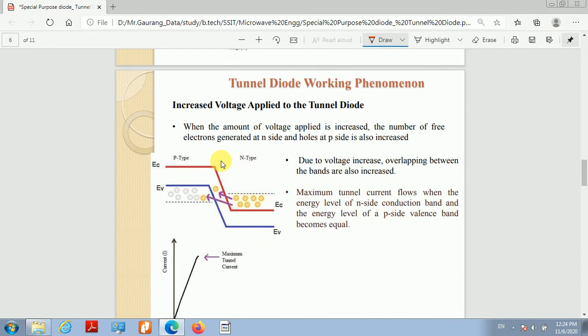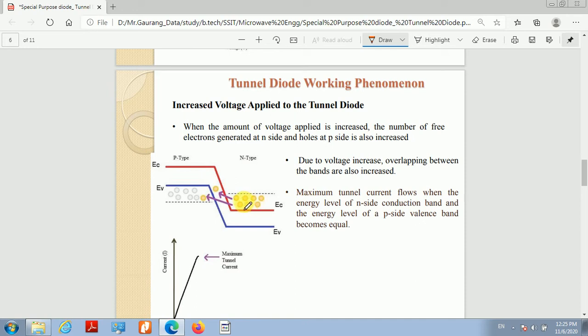Now if we increase the voltage applied to this tunnel diode, then the number of free electrons generated at the n side as well as holes generated at the p side is also increased, and due to the voltage increase, the overlapping between the valence band and conduction band will also increase, meaning the overlapping of the conduction band of the n-type material and the valence band of the p-type material also increases.